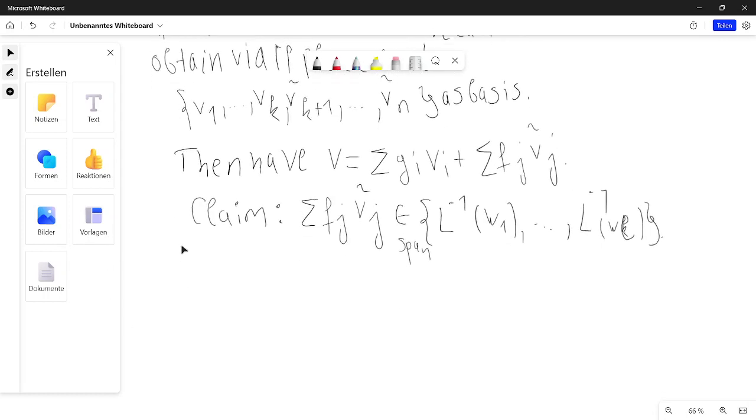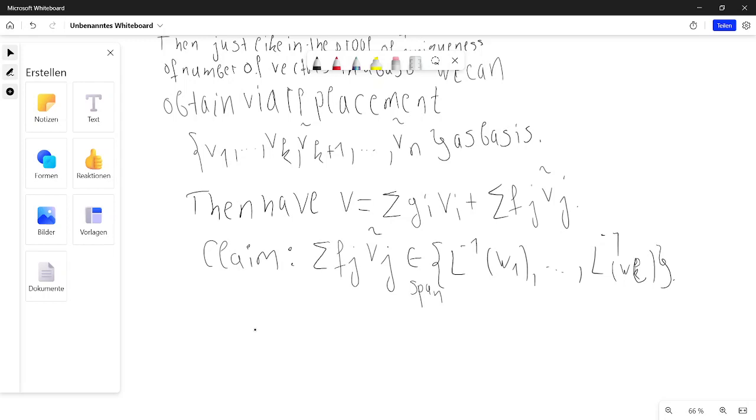Right. Well, F_j is equal. I just brought this on the other side and I apply L on both sides after bringing it on the other side.